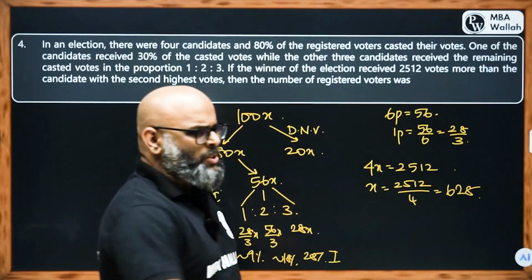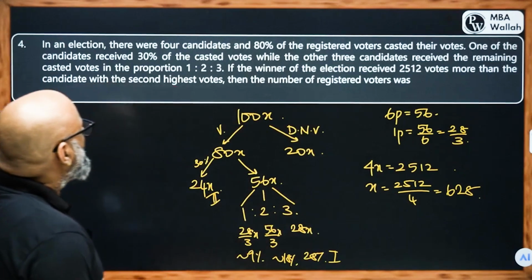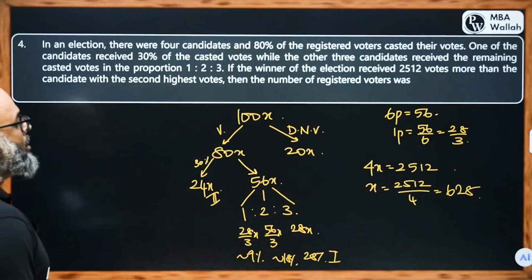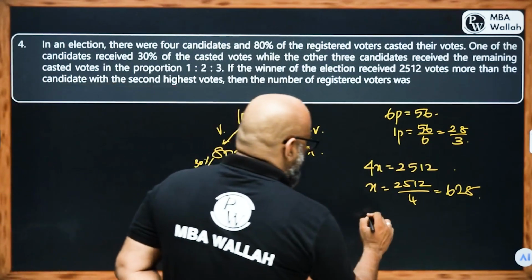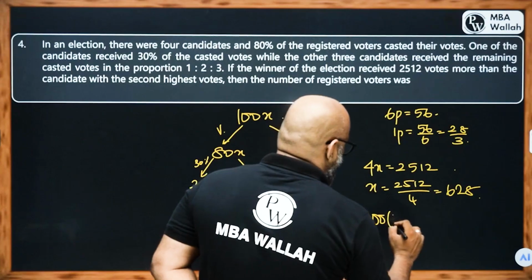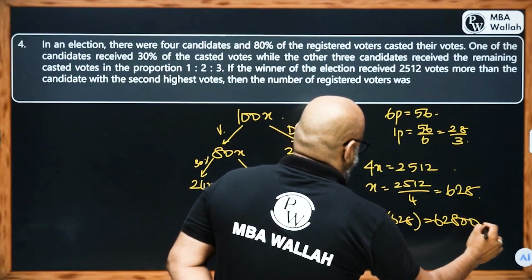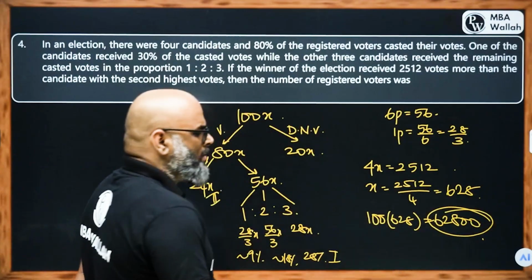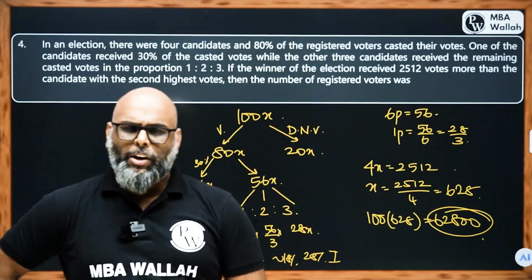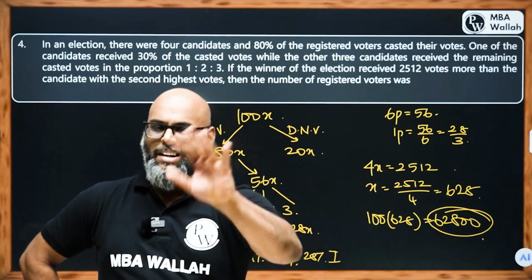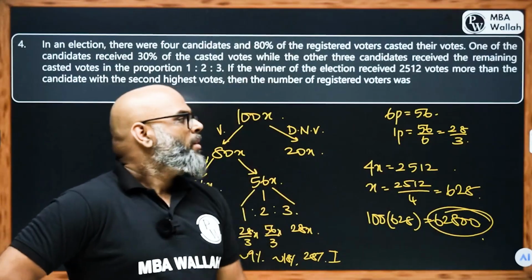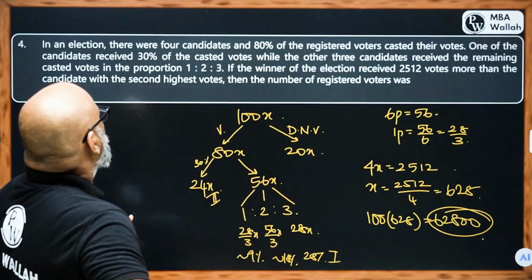X is equal to 628. What is the question? The number of registered voters, which will be 100 into 628, 62,800. That's our answer. Another simple question that you can plug in and get it done. Right. We'll hop on to the next question.